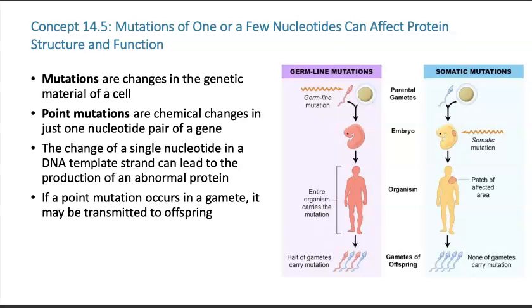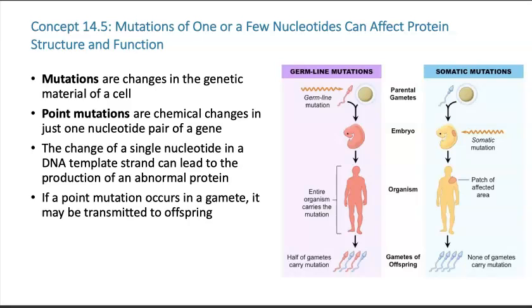So just a reminder of a few terms, and a bunch of the information in this part is review. So mutations are changes in the genetic material of the cell. So changes in the DNA of some sort. And we've talked about many different kinds of mutations. You might remember point mutations.